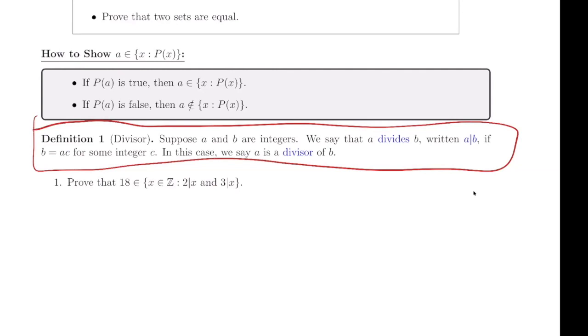We're not changing that definition. We're just going to formalize that a little bit. And so we use this notation of a vertical bar to denote that something is a divisor of something else. Okay, so for example, we would say that 2 is a divisor of 4, since we can write 4 as 2 times some integer.